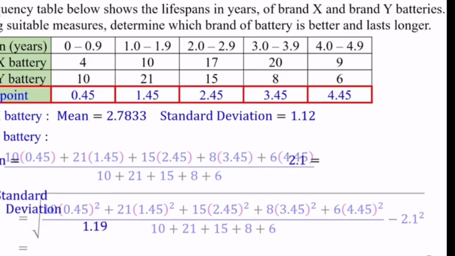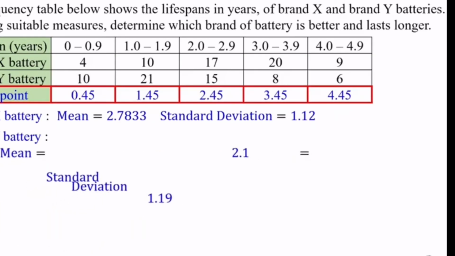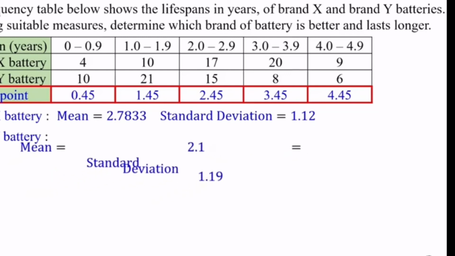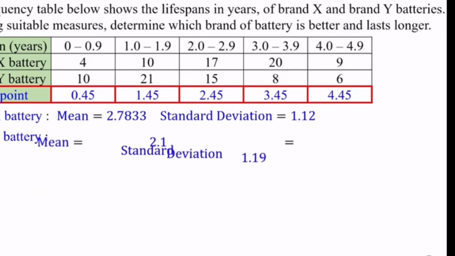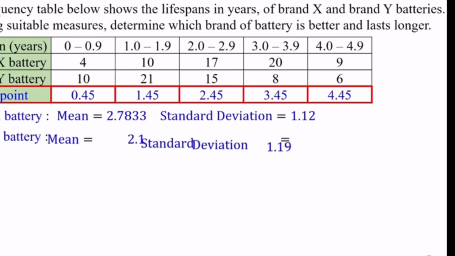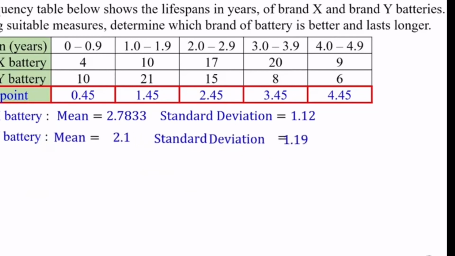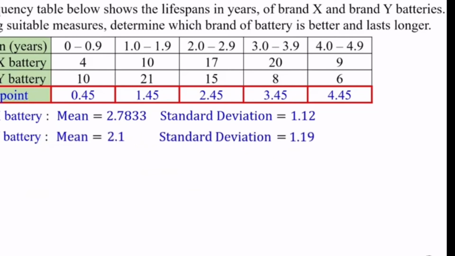So we have found the mean and also the standard deviation for brand Y battery. The mean for brand Y battery is 2.1, whereas the standard deviation for brand Y battery is 1.19.